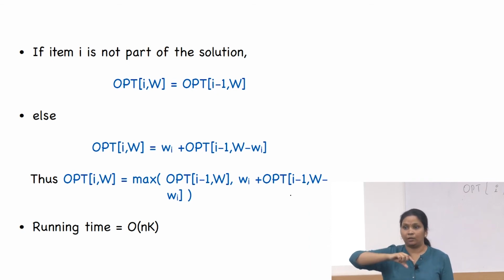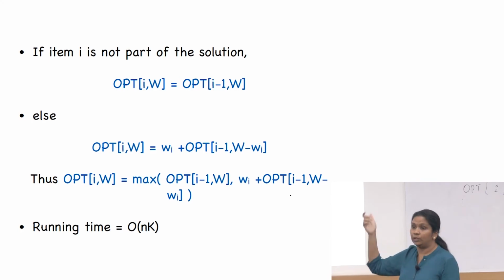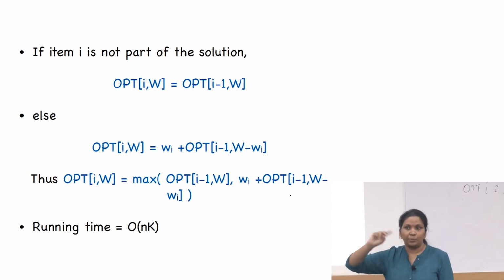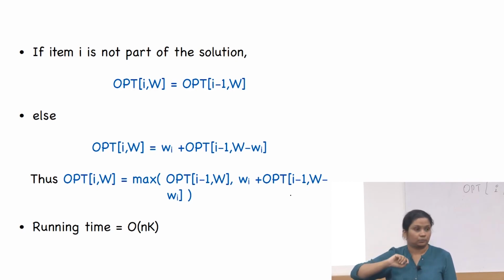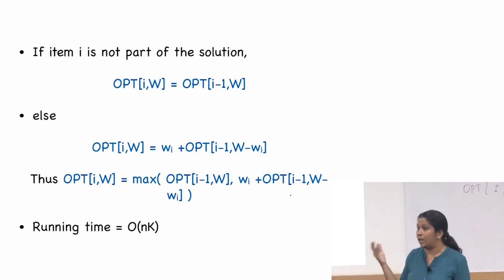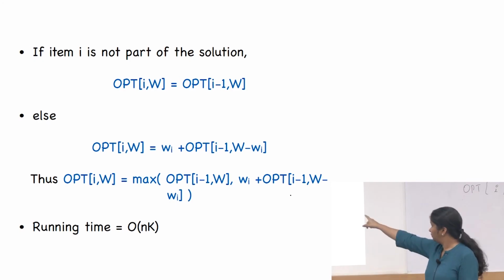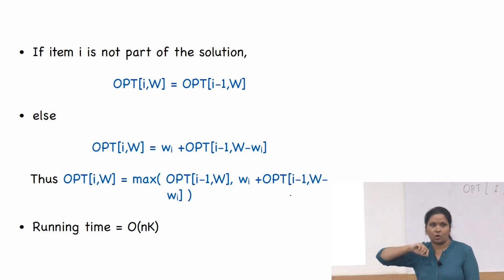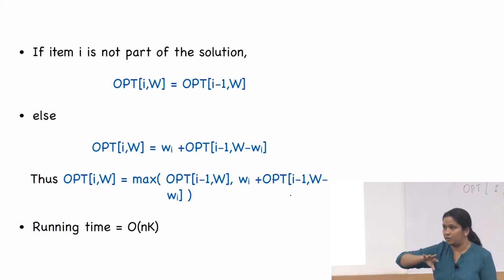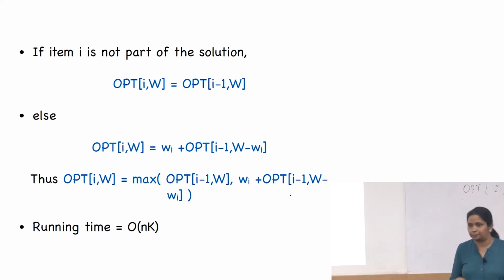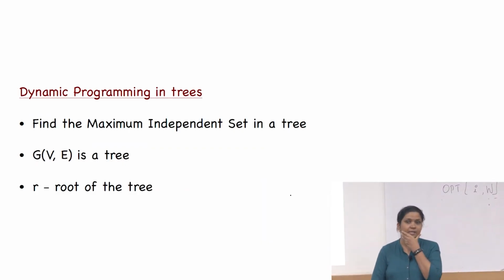You have an entry for each I, where I goes from 1 to n, and each W, where W goes from 1 to k. So there are n times k entries. What is the time taken to compute one entry, assuming the smaller values are known? It is a max of two values, so constant. The running time is the number of entries times the time per entry, which is nk.